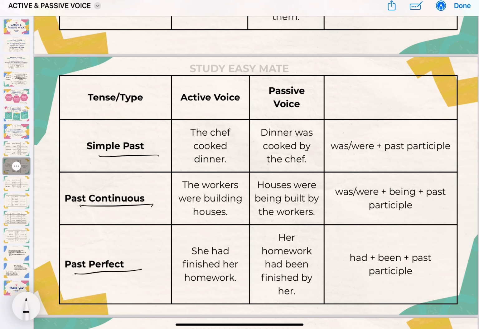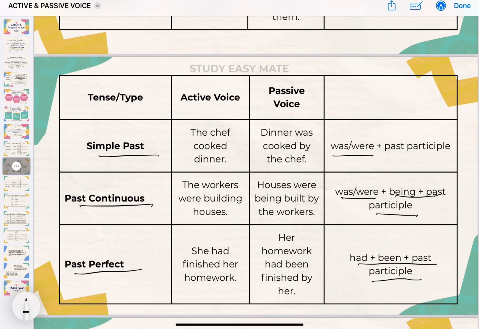For this you will have to use was or were plus past participle, was or were plus being plus past participle, and had plus been plus past participle. Just remember, if a sentence has was or were plus a past participle, or plus being, or plus had been, it is in the passive voice. So you'll have to convert it to the active voice.